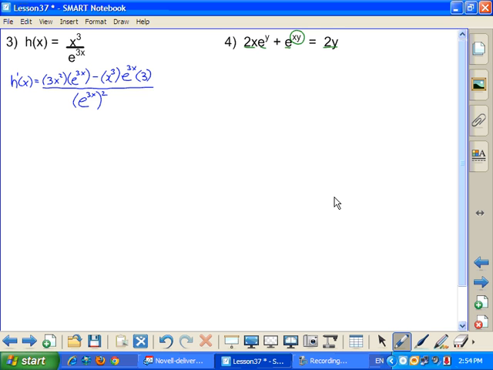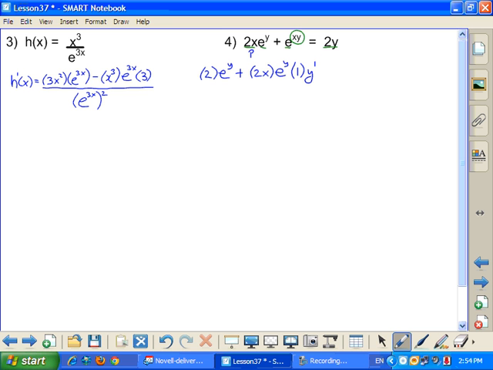So starting off, the derivative would be the derivative of the first function, which would be 2, multiplied by the second function, plus the first function multiplied by the derivative of the second. The derivative of e to the y is itself multiplied by the derivative of the exponent, which would be 1, and I'll use y prime in this case.